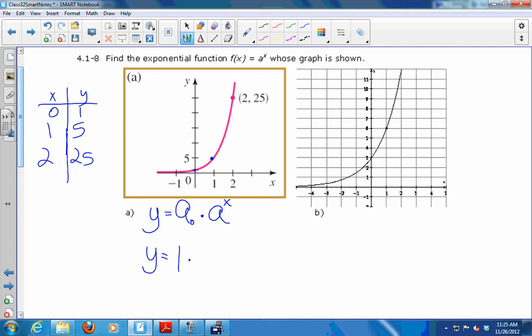So I'm multiplying by 5 over and over again. So 5 is my number that I multiply by. So I end up with 1 times 5 to the x. Sure, you can just look at it and figure that out without drawing a table.